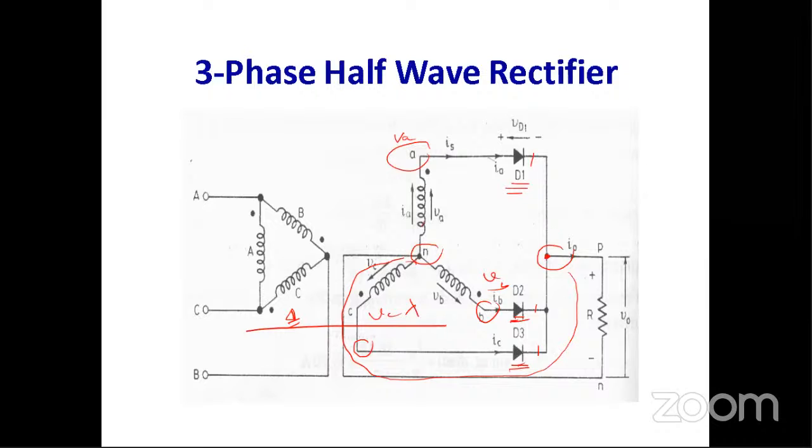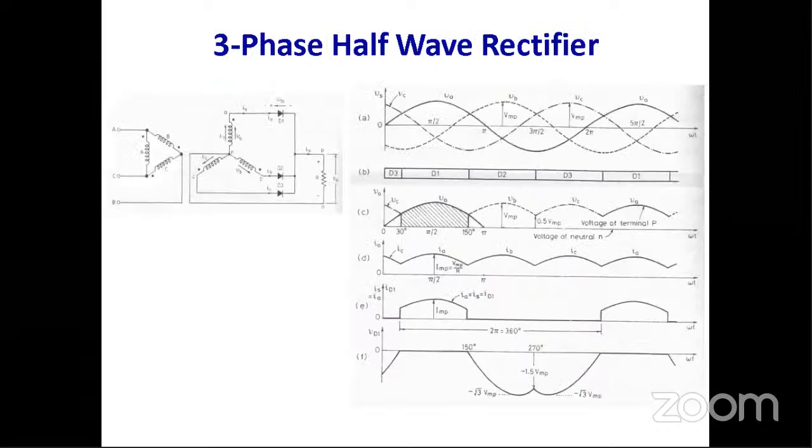At a time one diode will be in forward bias, the diode which attains the maximum instantaneous voltage at that point. Now before drawing this output waveform, first you have to draw the three-phase waveform.